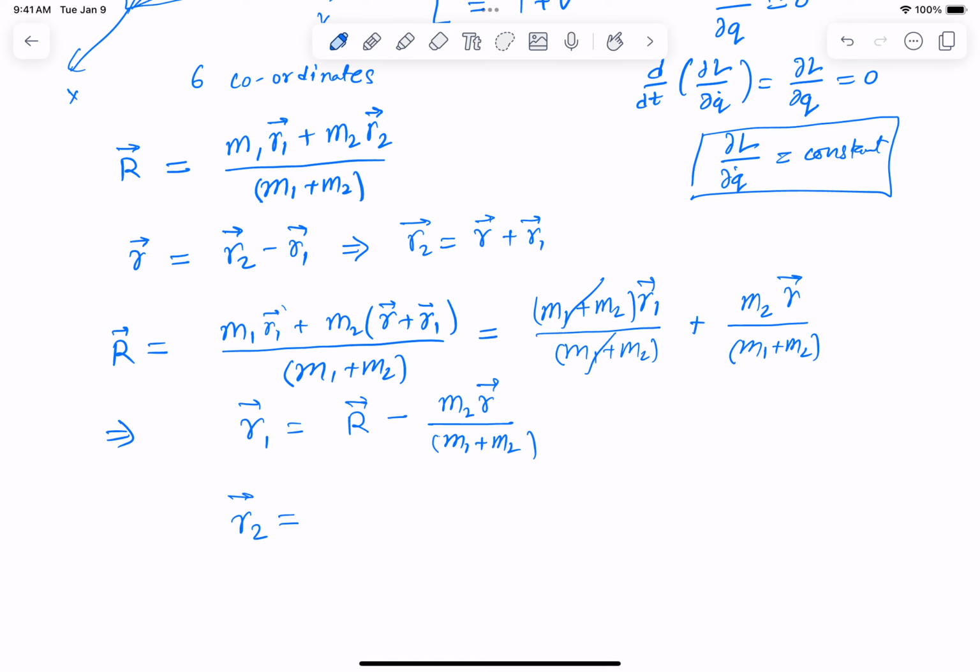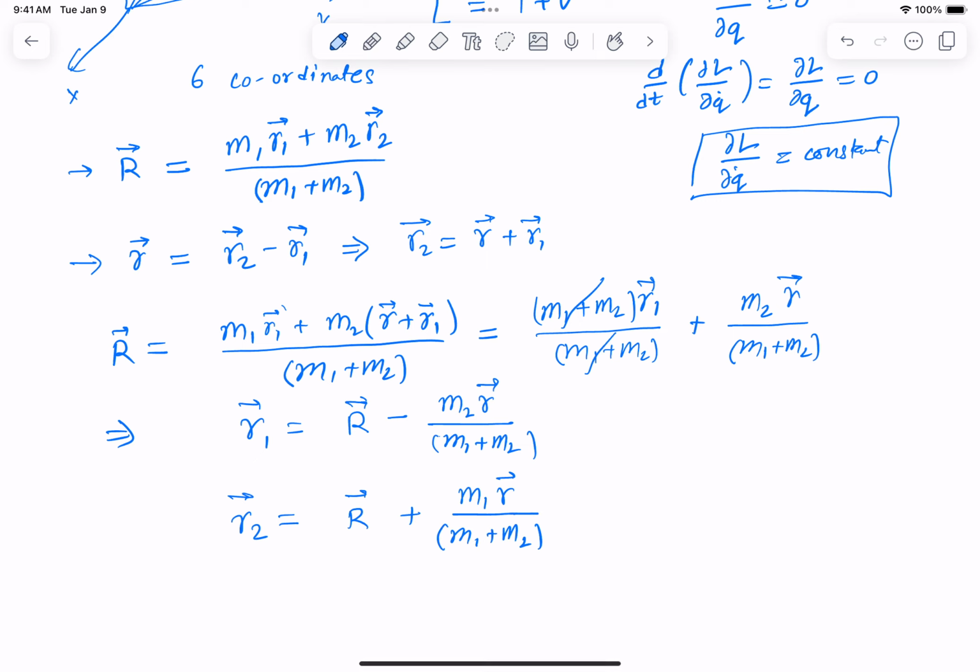I'm just going to write down the answer here. It's not very hard to get. You do the same idea. So here we had r2 equals r plus r1. Now you can use this equation again to write r1 equals r2 minus small r, and then you substitute it in the capital R equation here to get r2 would come out to be capital R plus m1 r divided by m1 plus m2.